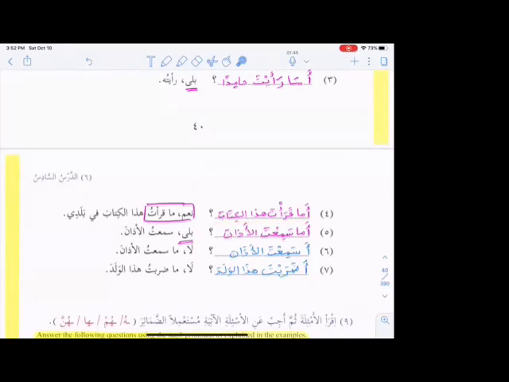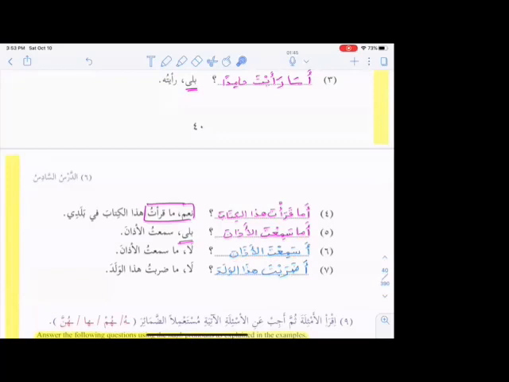Okay. Ama samiyata lazana, did you not hear the azan? And you did hear, you will say, bala. Yes, I heard the azan. Asamiyata lazana, did you? No question, this is here only straightforward. Asamiyata lazana, naam.